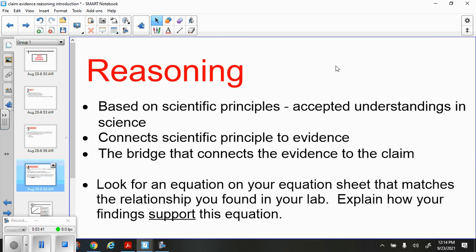The last piece is reasoning, and this is usually the most tricky one when I'm grading labs and reading them. Your reasoning is where you look at your equation sheet. You get out your equation sheet and you look for an equation that relates the two variables that you were studying. So you're seeing how your lab results tie to accepted scientific knowledge.